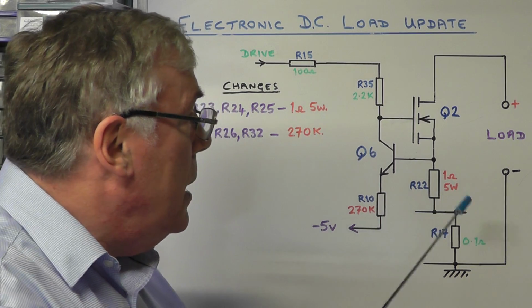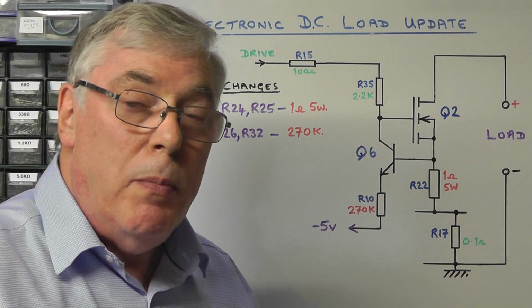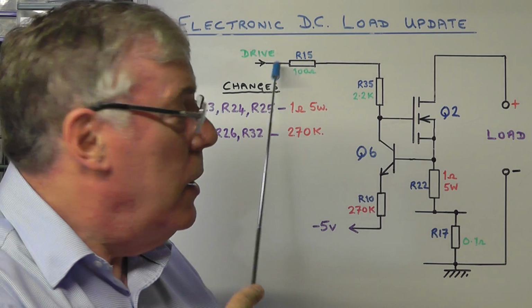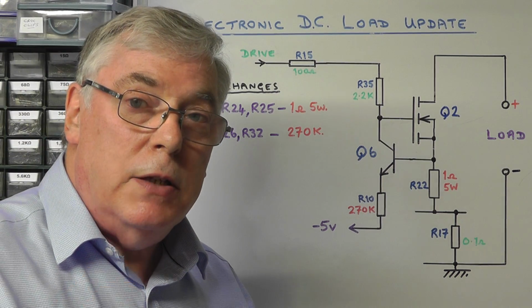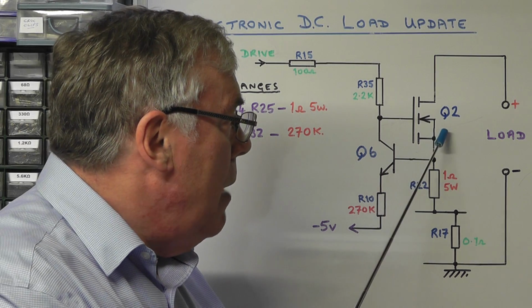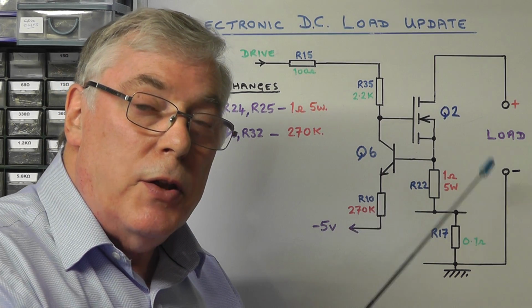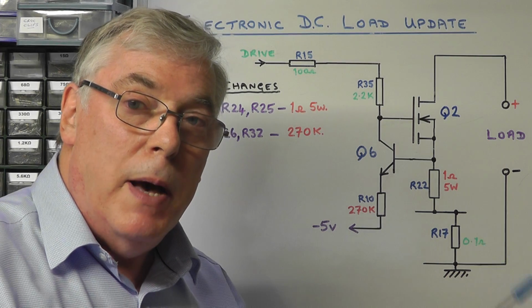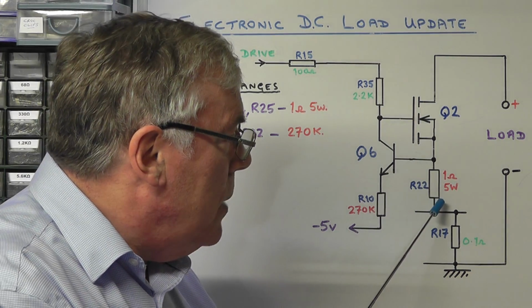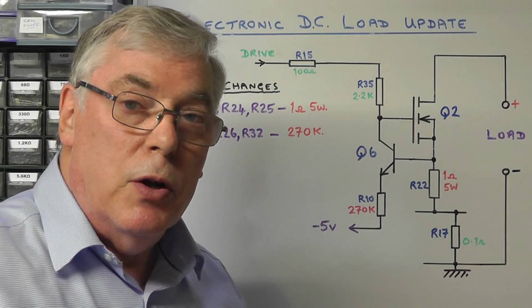And the reason behind that is that each of the 4 power MOSFETs are driven from the same gate drive voltage. So the gate drive voltage of each of the 4 power MOSFETs will be more or less the same. However, as the current flowing through any particular MOSFET increases compared to the other 3, you get a bigger voltage drop across that 1 ohm resistor.